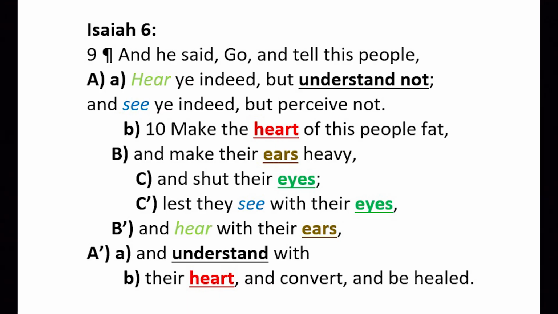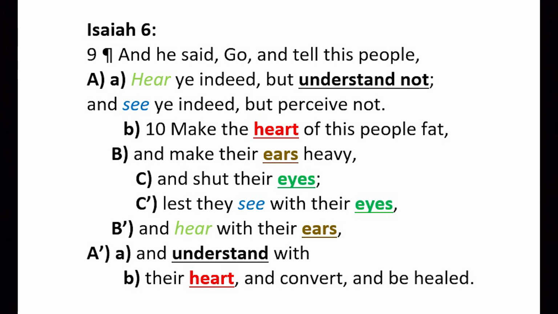B is made up of ears, and C is made up of eyes. So if you look at the C prime term, you see eyes repeated. Then the B prime term, you hear ears repeated. And in the A prime term, you see understand and heart repeated. So those things happen in reverse order from how they were stated in the front. And that's the basic concept behind what makes a chiasmus.